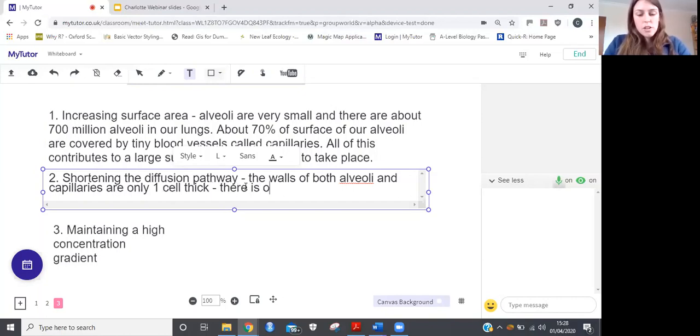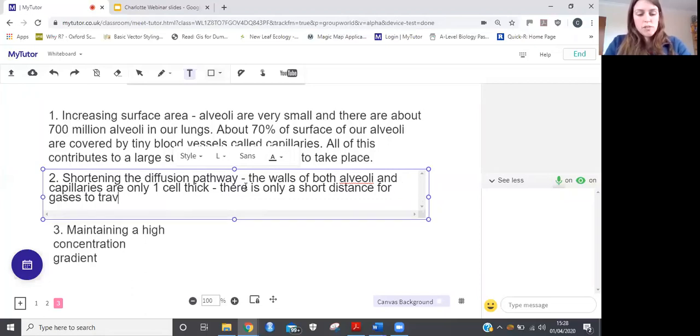There is only a short distance for gases to travel across between our lungs and blood.